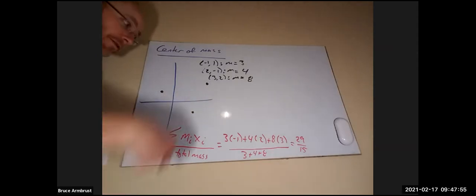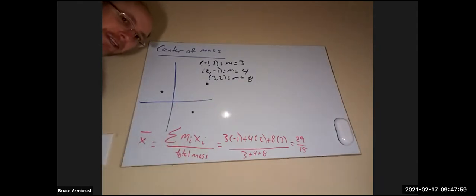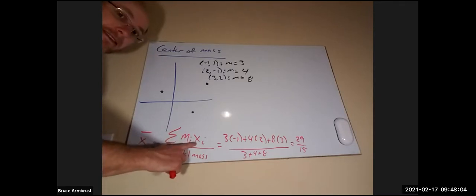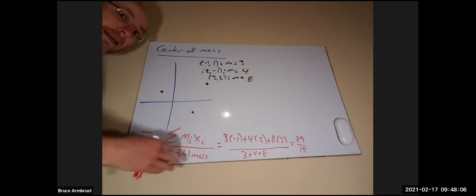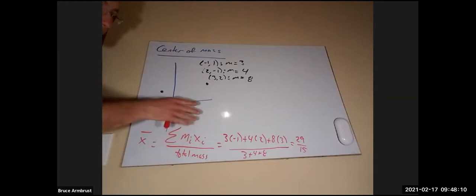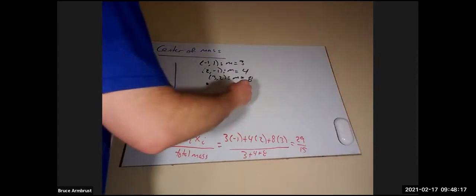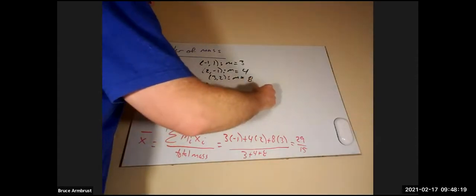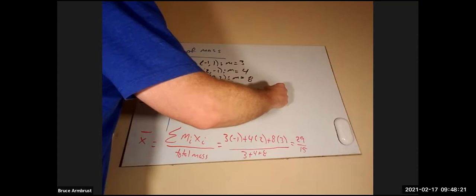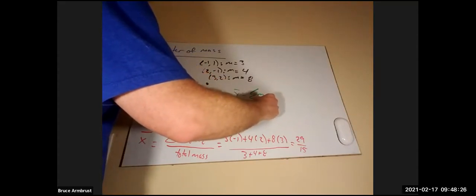Okay, now we've also got a y direction. Well, here's the deal. For the y direction, you do exactly the same thing, except we're not concerned with x's now. We're concerned with y's. I mean, just sort of turn your perspective. You go, if I want to balance in this direction, I want to do exactly the same idea. And we're going to get that our y bar, well, that's going to be the sum of the m times y over the total mass.